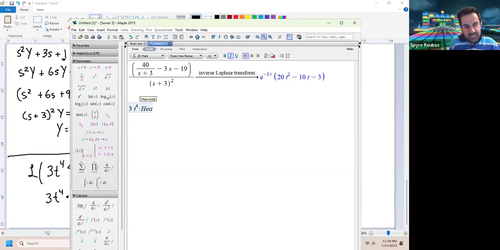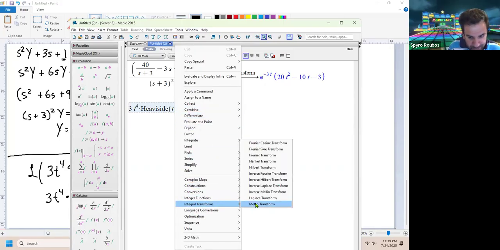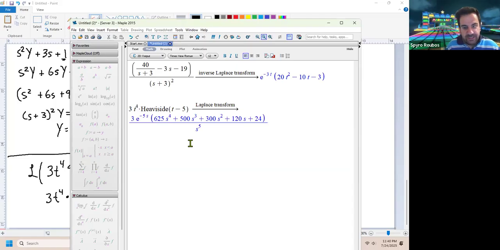You can just hit tab and it'll complete it so you don't misspell it. So we want to write this, and under integral transforms, Laplace transform. And it gives you that. I mean, it's really ugly, but nonetheless, that's what that Laplace would be.